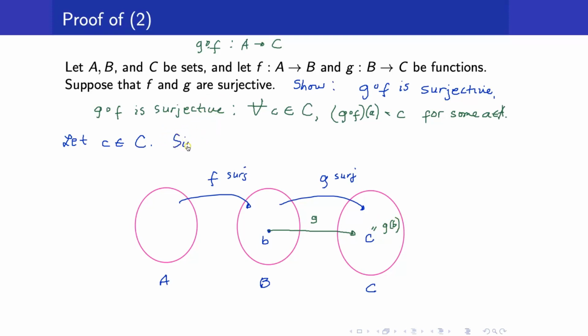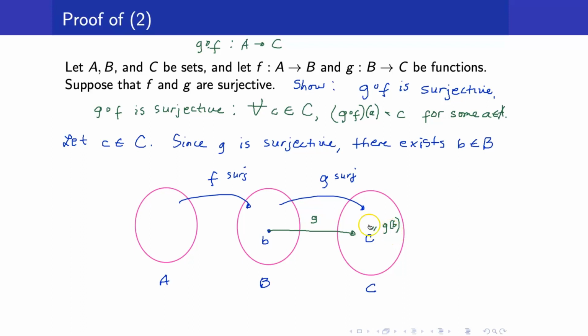So we have, since G is surjective, there exists a B in capital B. Remember, G is from B to C. G is surjective means that all elements in the codomain can be written as the image of an element in its domain.